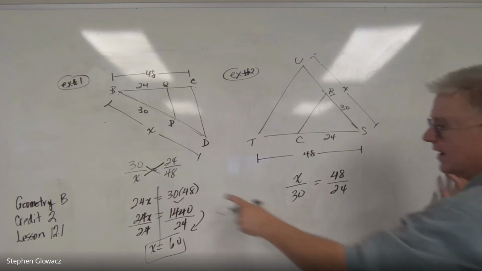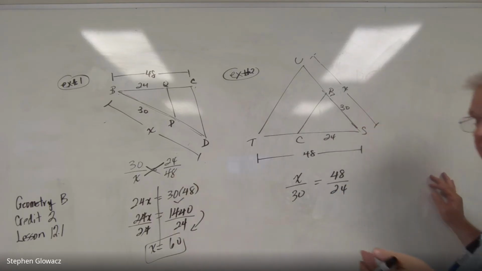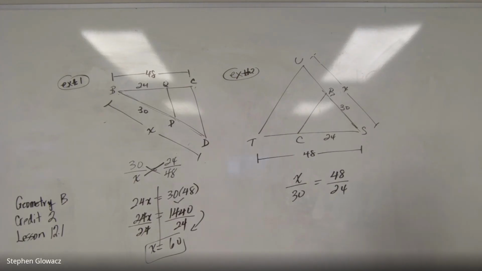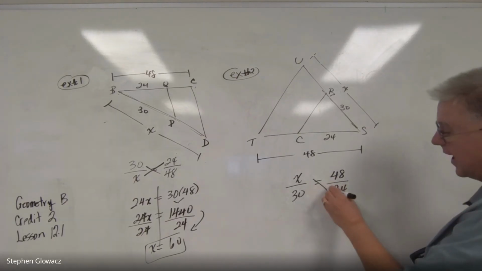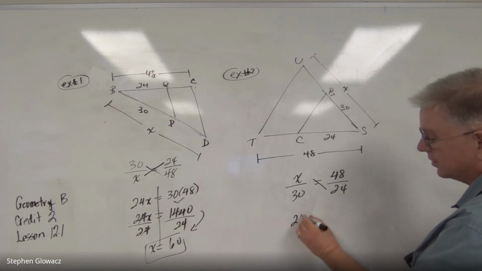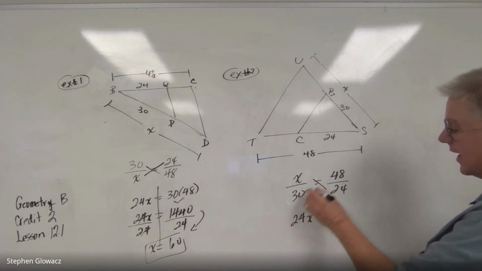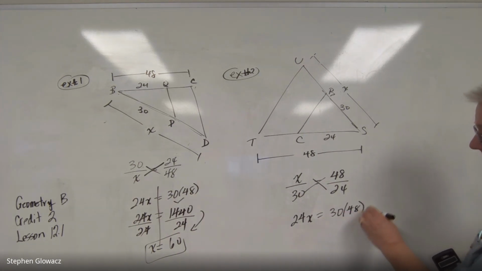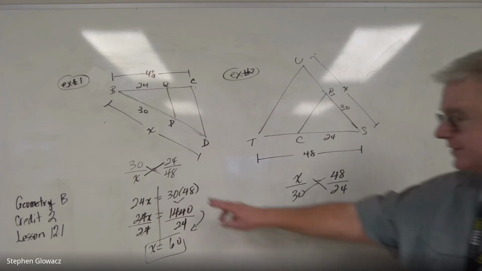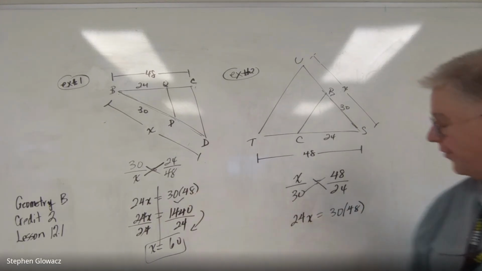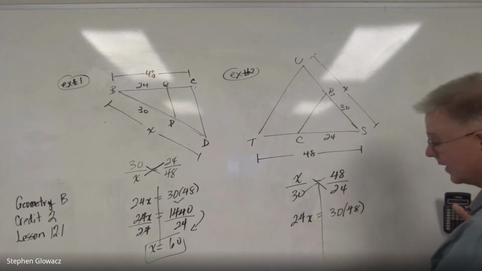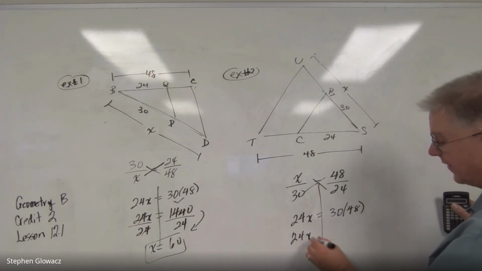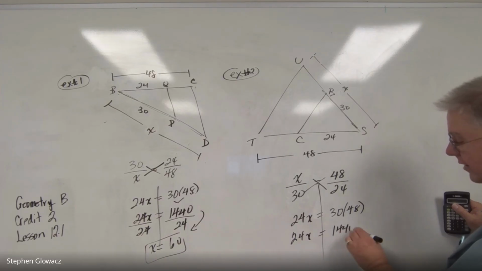Now, this setup looks a little bit different, but what you're going to see is that we're going to get the same answer. So let's go ahead and cross multiply. X times 24 is 24x. And then going this way, we have 30 times 48. And now we should start to see that, well, we have the same thing here. We already know that 30 times 48 is 1,440.